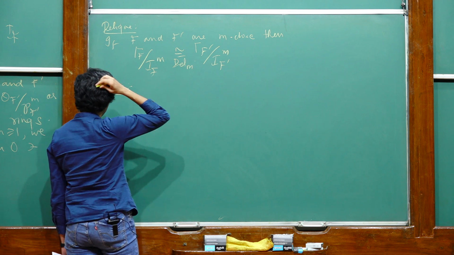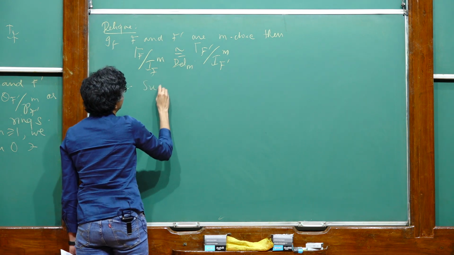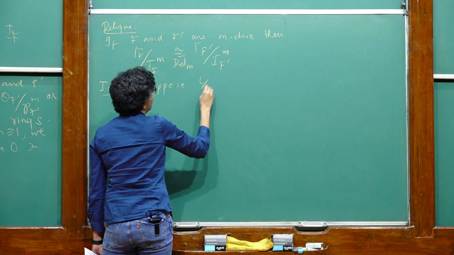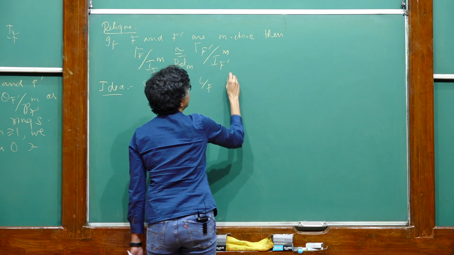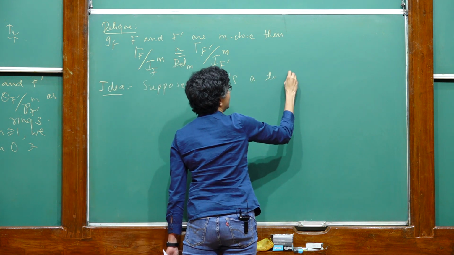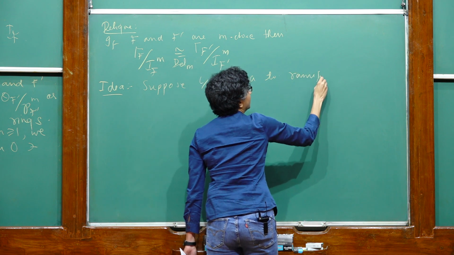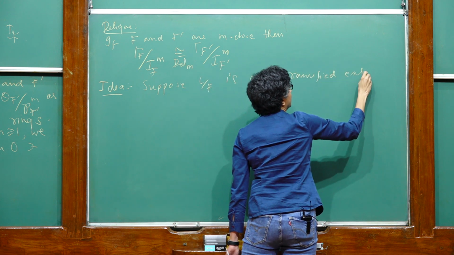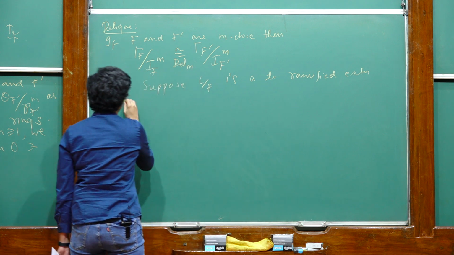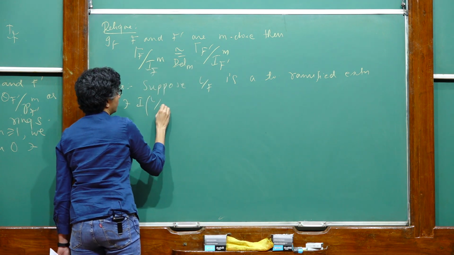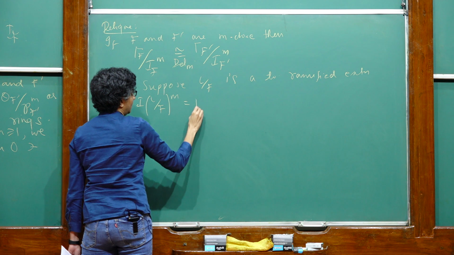So for example, suppose L over F is a totally ramified extension such that the ramification filtration I_{L/F}^m is 1.